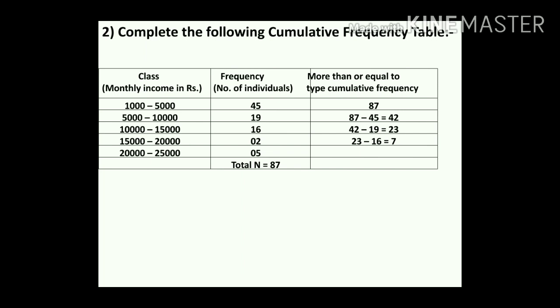Okay, children. Now 7 minus 2 we get, children, 5. Here, children, you see the frequency column last what is there? 5, right? And here you see what is there last? 5. So both should be matched, children. Both should be equal. Then your sum is right, children.